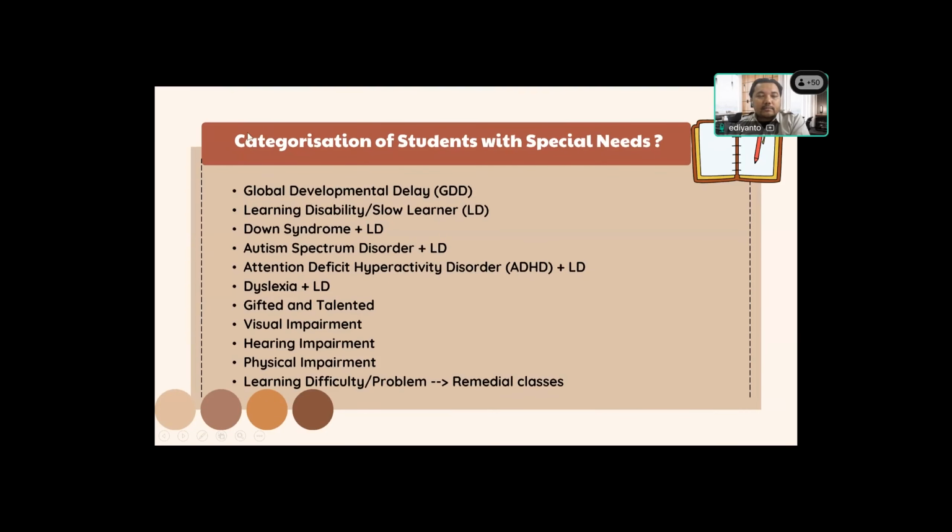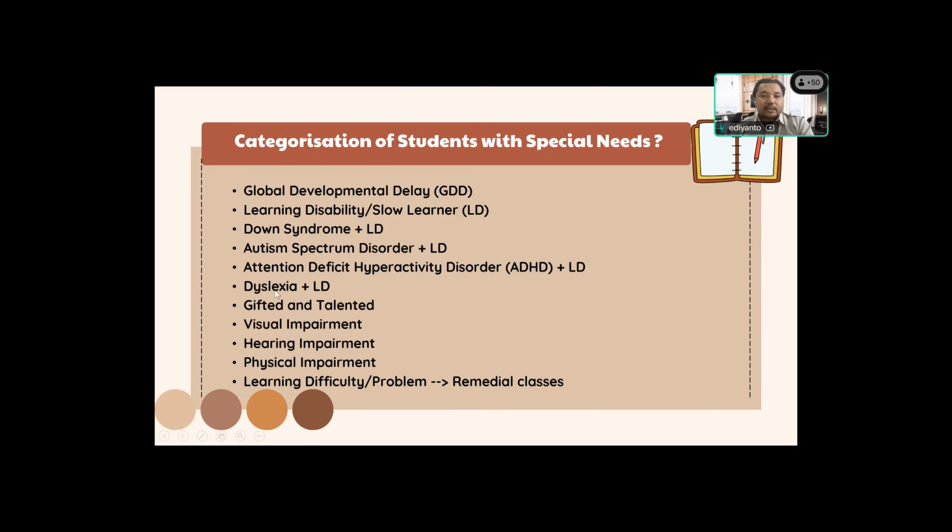This is the categorization of students with special needs. Every country has its own terms, and Indonesia also sometimes has different terms, but mostly we can categorize students with special needs in this way. We can say global developmental delay. Then we also have students with learning disabilities, Down syndrome, autism spectrum disorder, and attention deficit hyperactivity disorder.